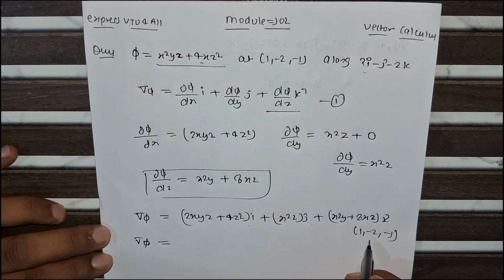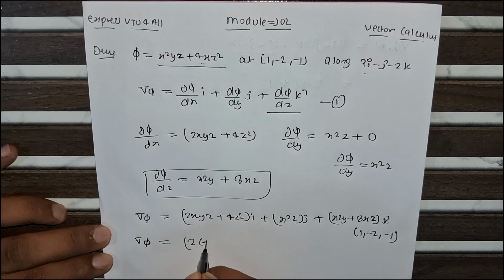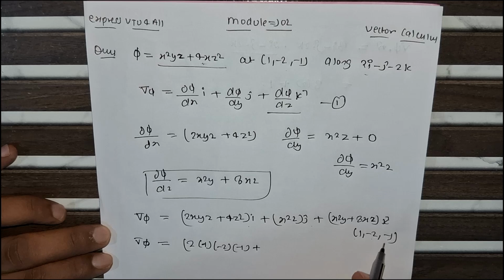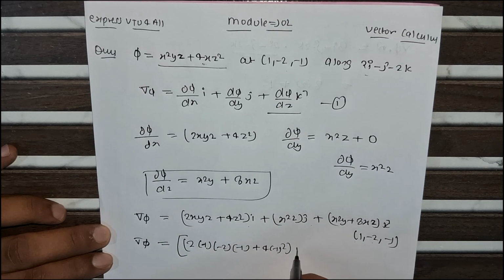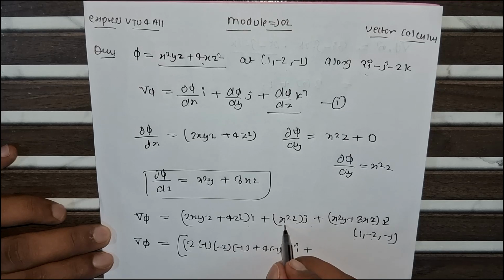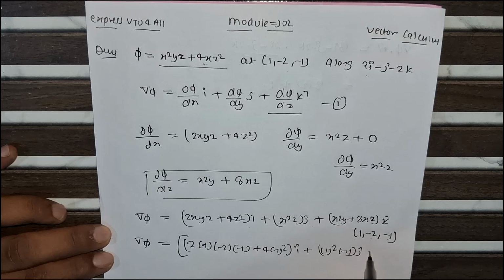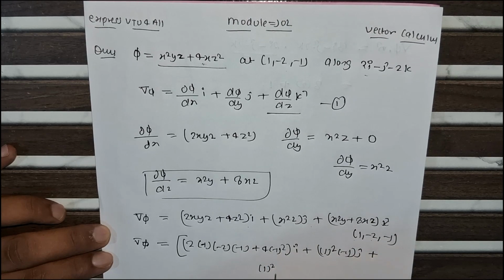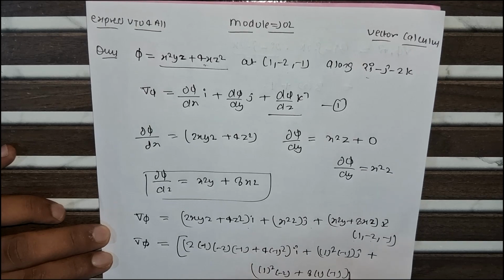After putting these values in the equation, we get 2 into 1 into -2 into -1 plus 4 into (-1) whole squared, this is the i cap component, plus 1 squared into -1 for the j cap, plus 1 squared into -2 plus 8 into 1 into -1 for the k cap.